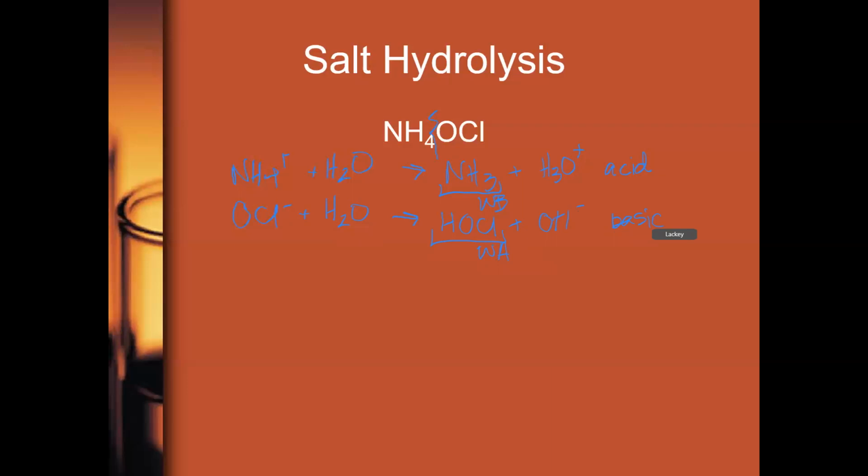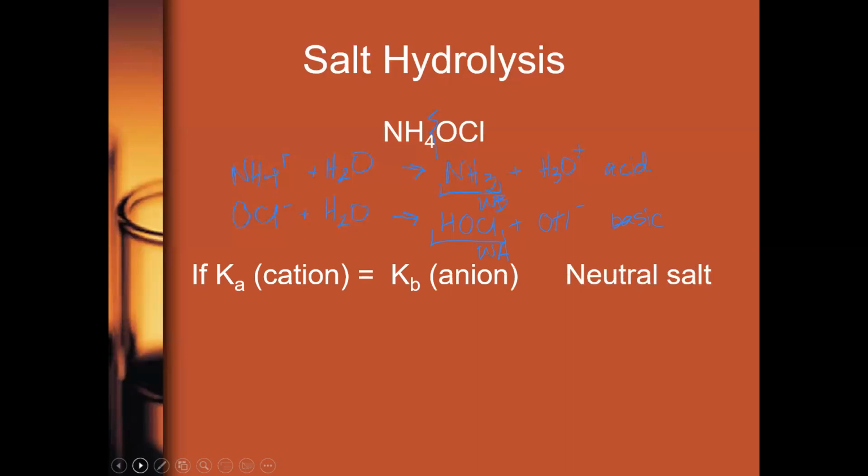So how do we know what this solution is when we have an ion that acts as an acid and an ion that acts as a base? In this case, we have to compare the Ka and Kb values for the two. If Ka of the cation is equal to Kb of the anion, this salt is neutral.